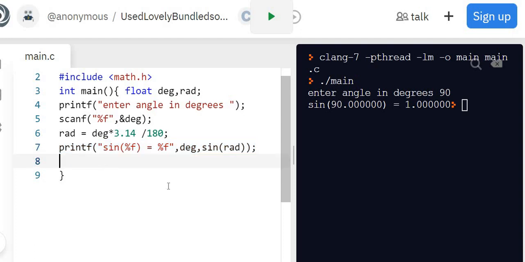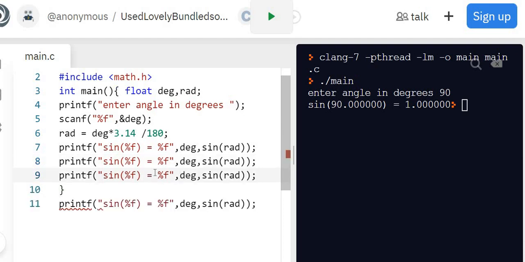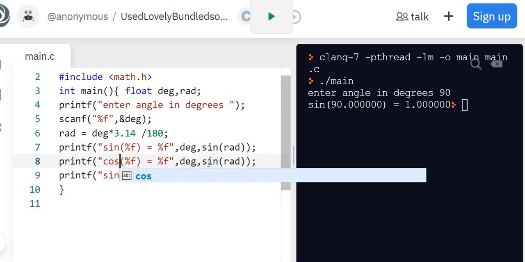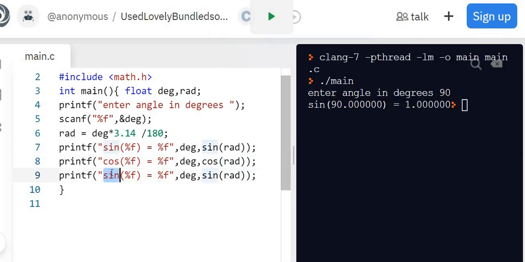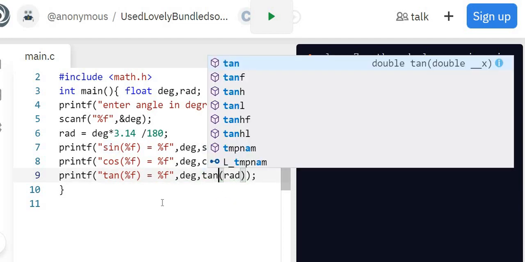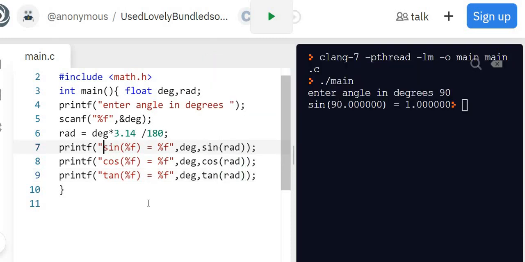So let's do it here, cos. Here also cos. Here let's get tan. So here you will get tan. Okay. And we have to get all these values on the next line.